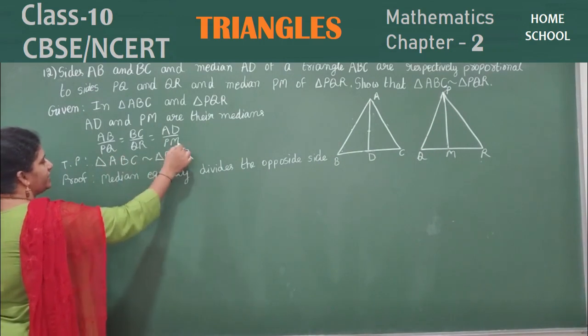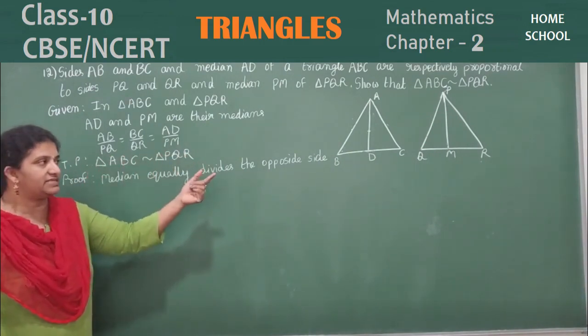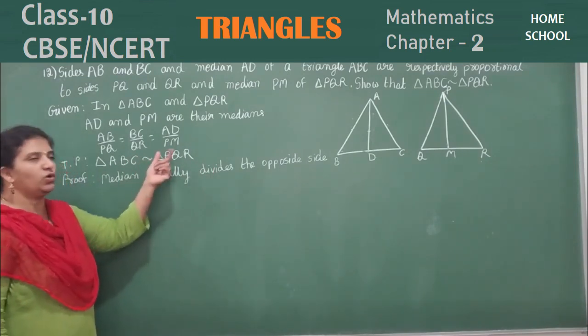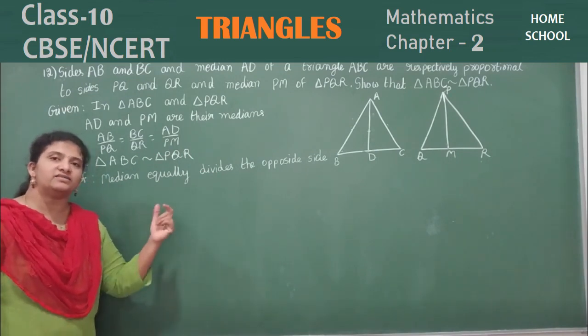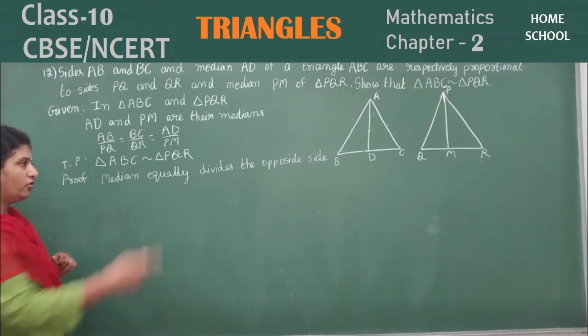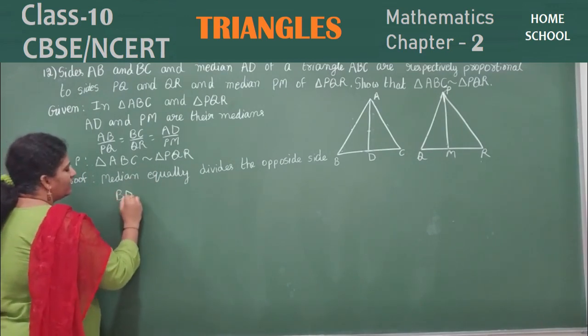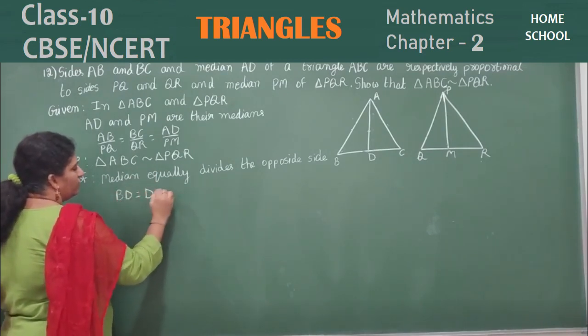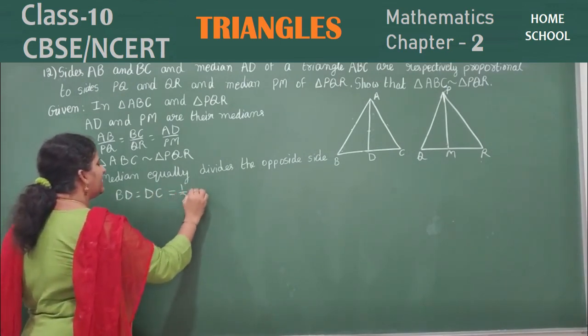So look here, this is the ratio proportion, children. What do we need to prove? We need to prove triangle ABC is similar to triangle PQR. So what do we know? A median equally divides the opposite side. So by this, what can I say? BD is equal to DC. Or BD is equal to half of BC, I can write.